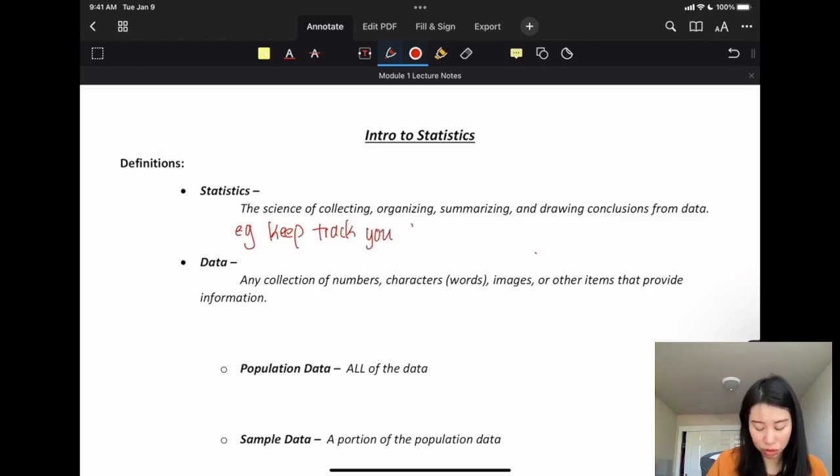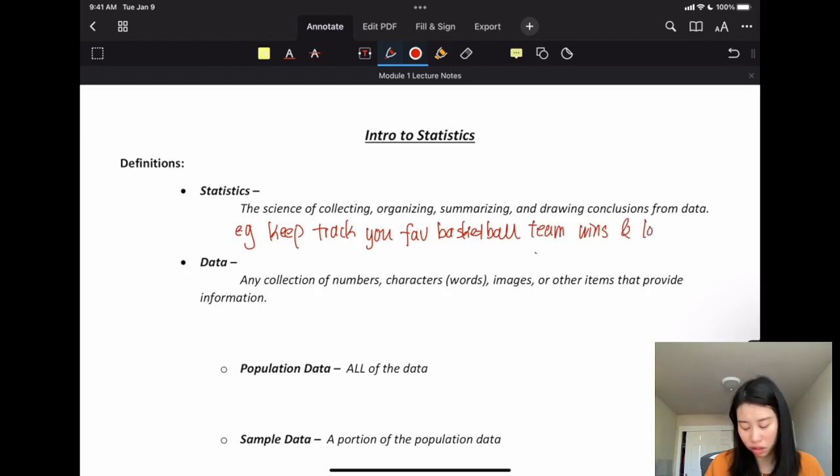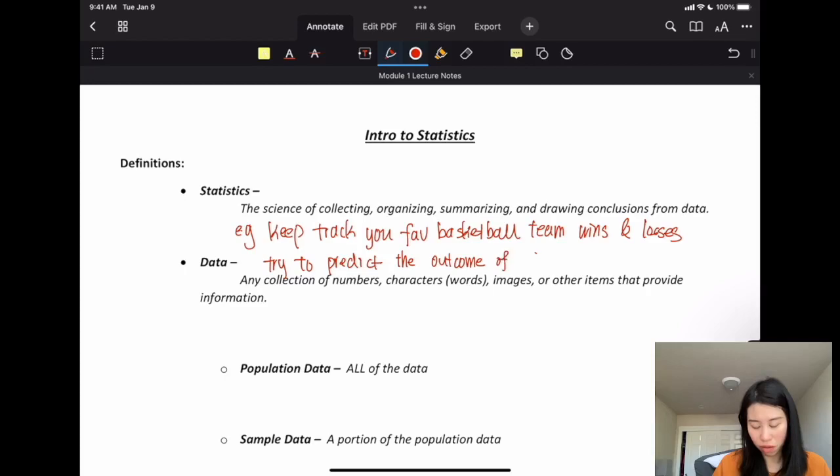So for example, you may want to keep track of your favorite basketball team's wins and losses, right? And then also you can perhaps use the data and try to predict the outcome of an election.